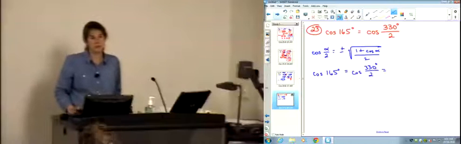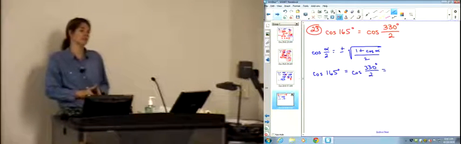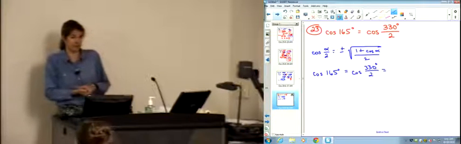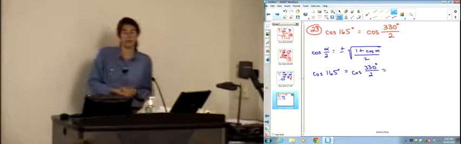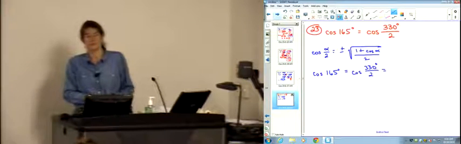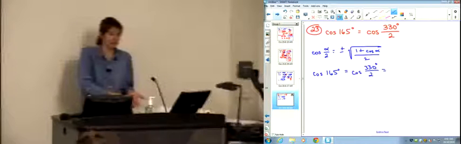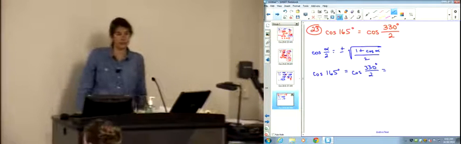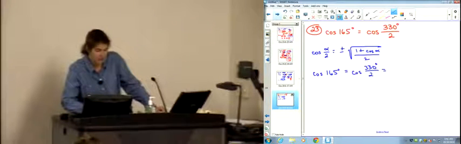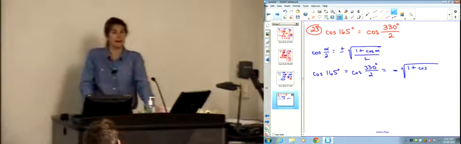Will the cosine of 165 degrees be positive or negative? You know where 165 degrees would end. It'll be negative because 165 degrees ends in quadrant 2. All right, so we're going to have negative square root of 1 plus the cosine of alpha. Which one's alpha?